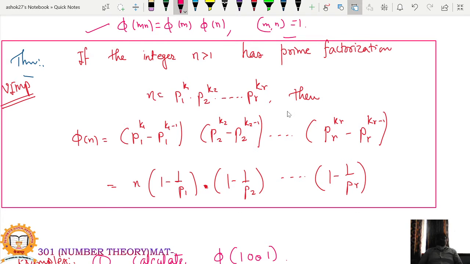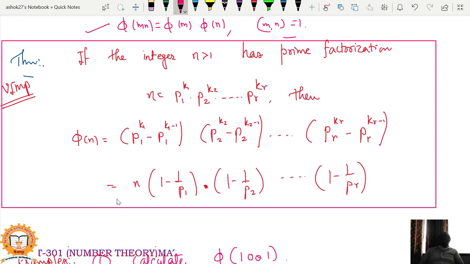See, if the integer n greater than 1 has a prime factorization, that is n equal to p1 raised to k1, p2 raised to k2 up to pr raised to kr, then what is phi of n? Phi of n is given by p1 raised to k1 minus p1 raised to k1 minus 1, into p2 raised to k2 minus p2 raised to k2 minus 1, up to pr raised to kr minus pr raised to kr minus 1.